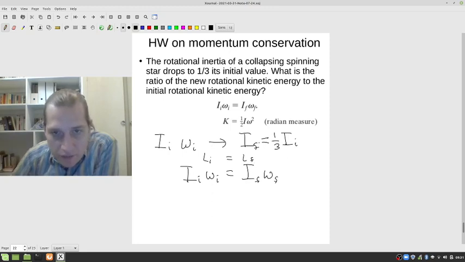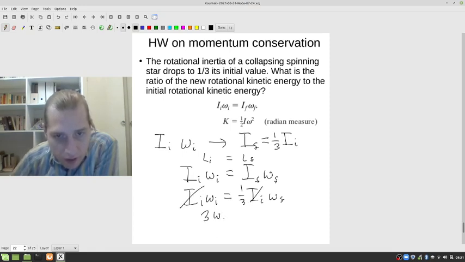But we said that the final rotational inertia is only going to be 1/3 of this, because the cloud is contracted. So I initial omega initial equals 1/3 I initial times omega final. If we divide both sides, what we find is that omega final is 3 omega initial.